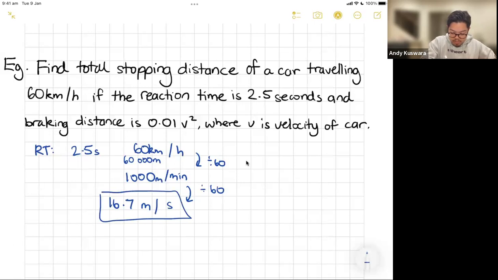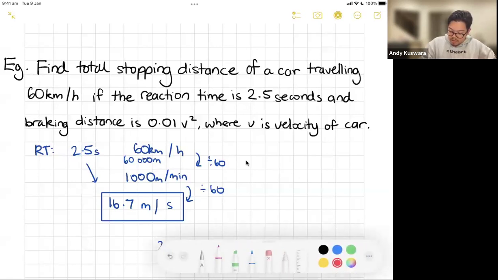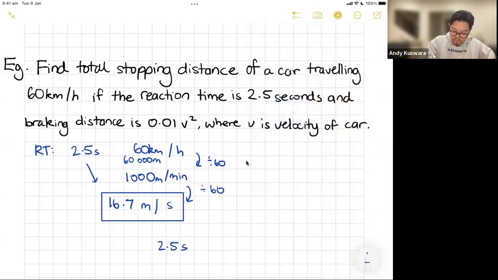Okay, now why this is important is that's how much it is per second, but my reaction time is actually 2.5. So what I'm going to do here is I'm going to find how far I travel in 2.5 seconds. You don't have to do it this way, but if you'd like to, I'm going to keep it all in kind of one piece of working out. So how do I get from 1 second to 2.5? Well, I'm going to multiply it by 2.5.